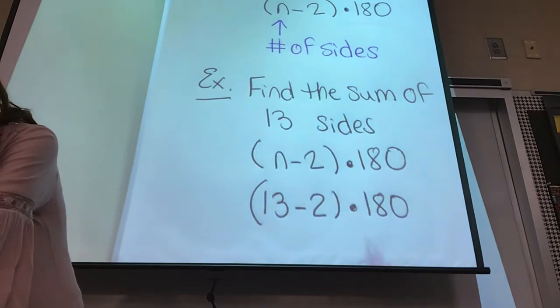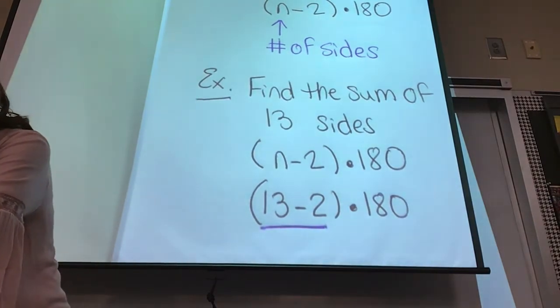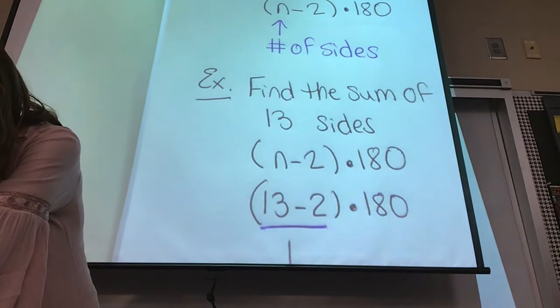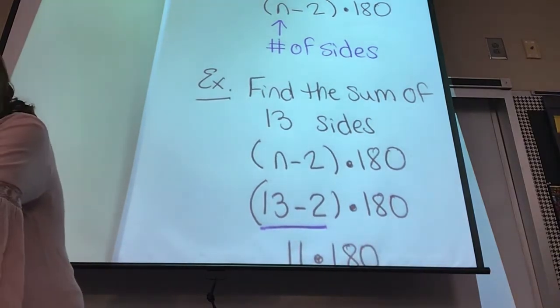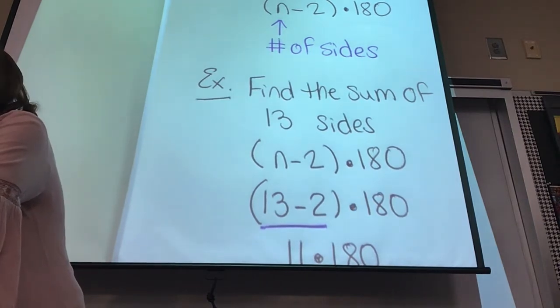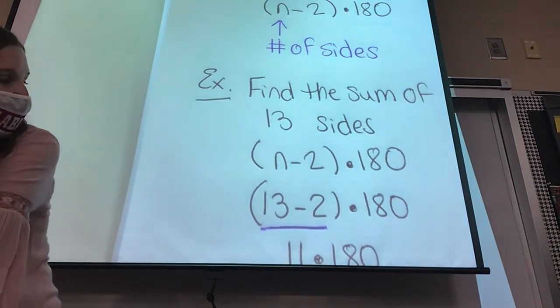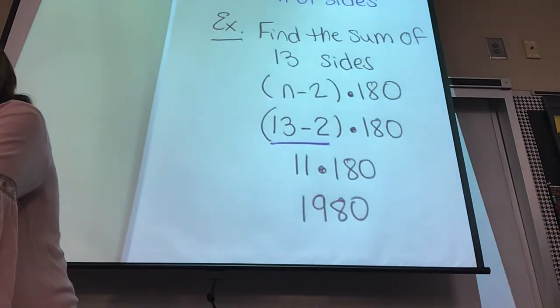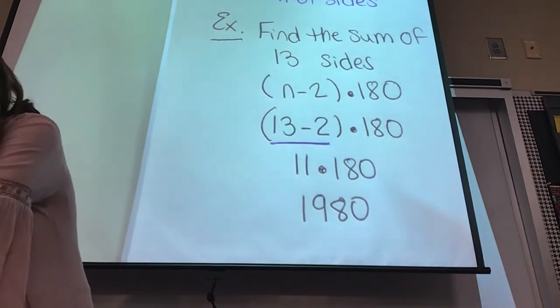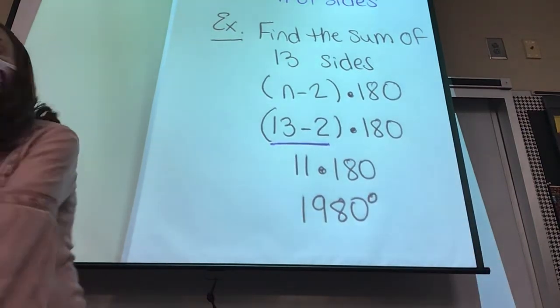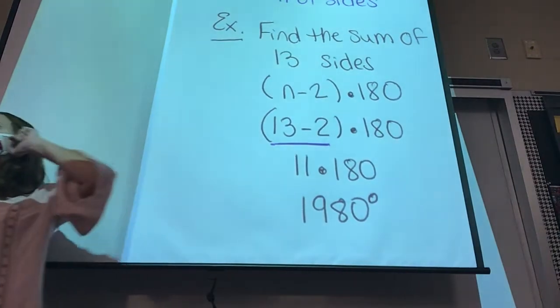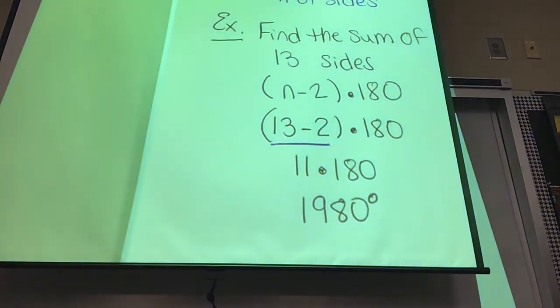Of course, you subtract first. So 13 minus 2 becomes 11. So 11 times 180 is what? Okay, it is 1,980. Now we are dealing with the inside angles, so that means it is degrees. It should have that little circle to represent that we're dealing with degrees. That's it. That's how you find the interior sum of all of the angles added together.